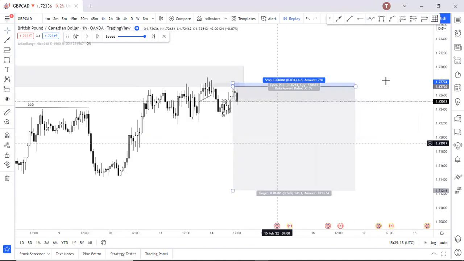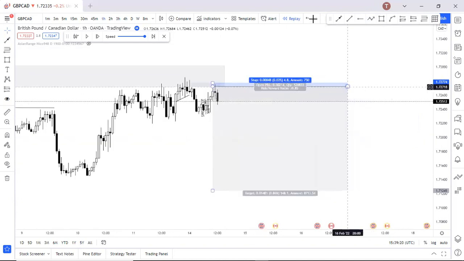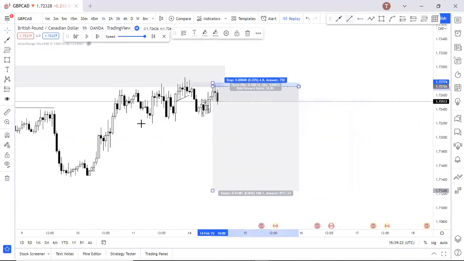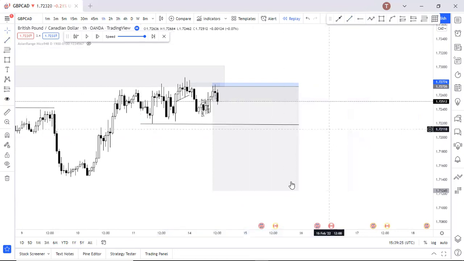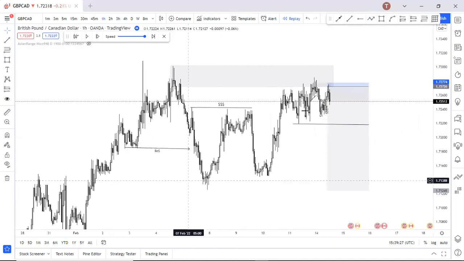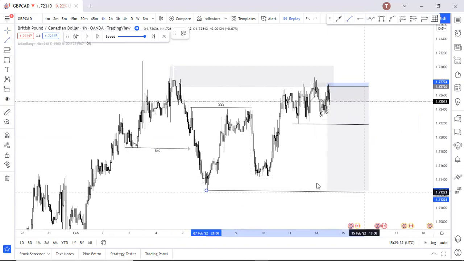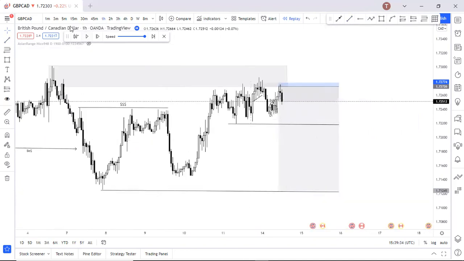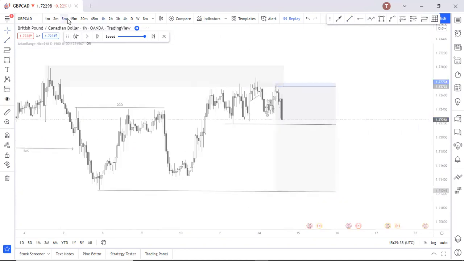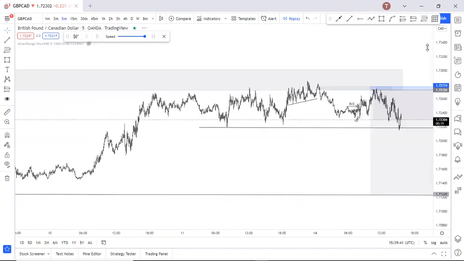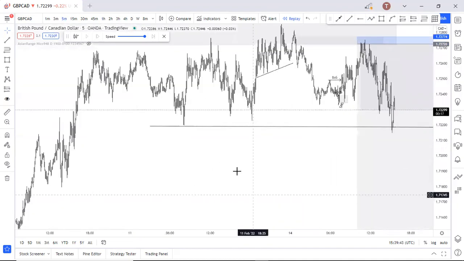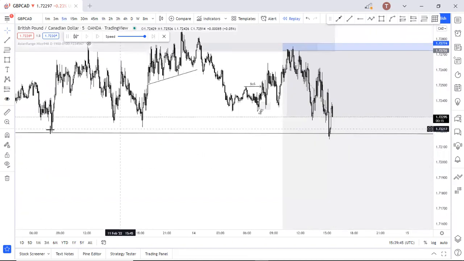We have liquidity to be taken out from this low right here. This will be my first take profit, and my final take profit will be at this level. Presently in the trade, and right now I'm on break even as we have broken below this low.